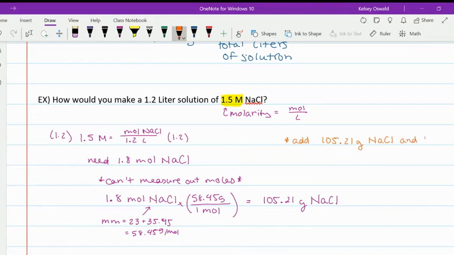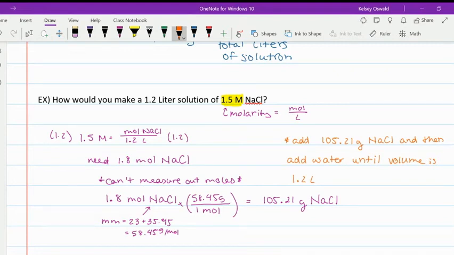And then add water until our total volume is 1.2 liters.